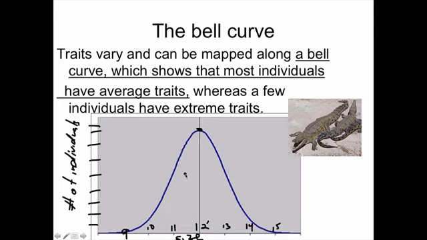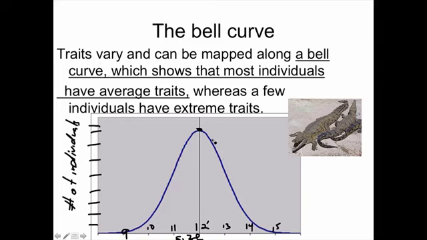Now you should be asking yourself, why is that? Why do most crocodiles fall into the 12-foot range? Well, we can connect it to what we learned about natural selection. Those with the best traits are more likely to survive in their environments. So something that has to do with size, being this size is best for the environment. As individuals move away from that size and you find individuals that are smaller, maybe being smaller is not a good trait to have, so you find less and less of those individuals in the environment.